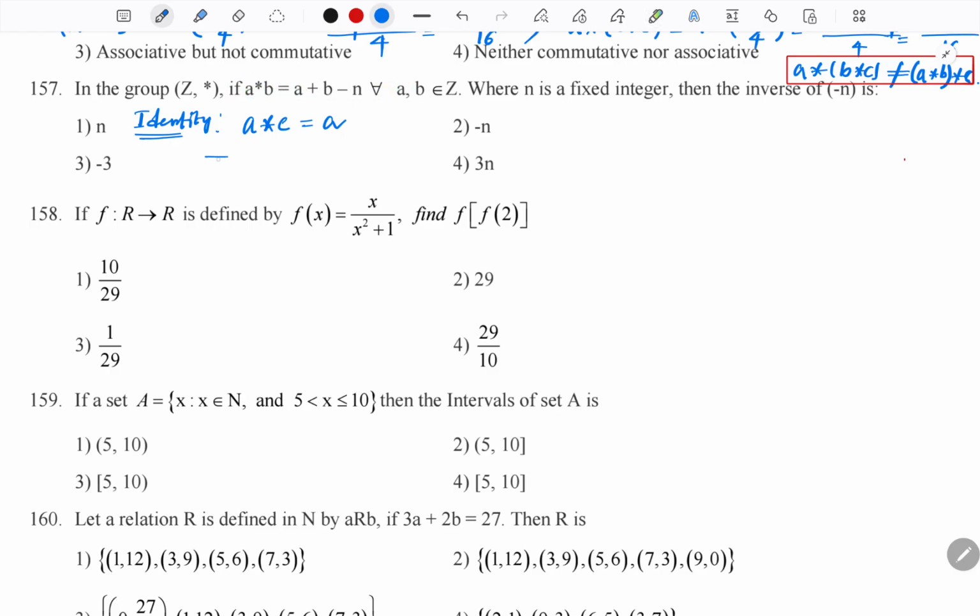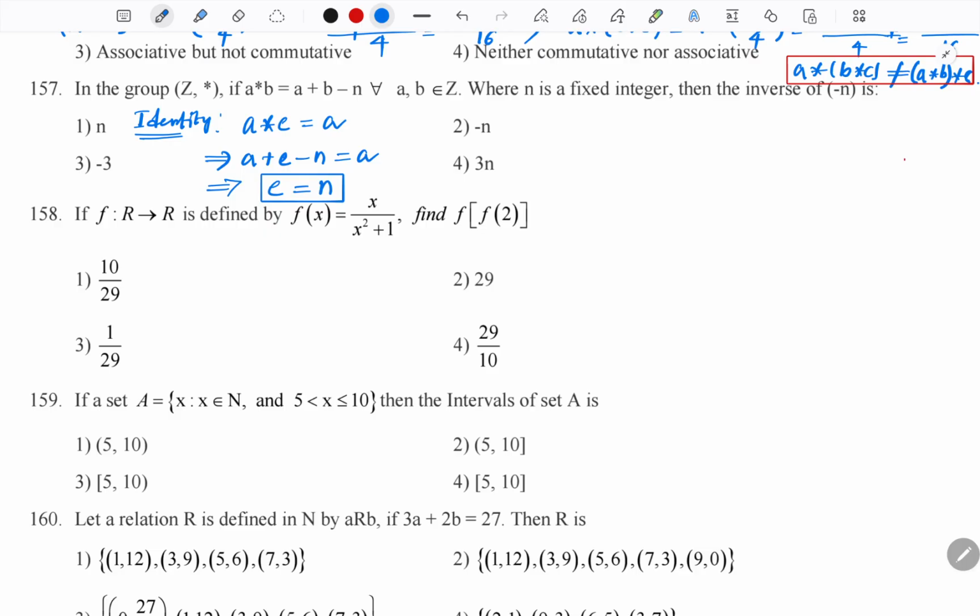That implies A plus E minus N equal to A. Both sides A will be cancelled. Then from this we can say E equal to N.